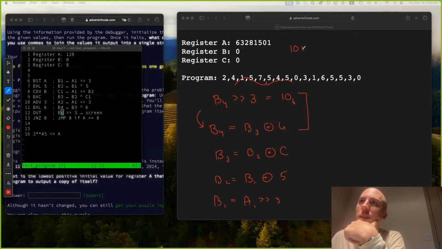Basically, could we say that B4, maybe we could bound B4, is greater than or equal to 1, 0, and less than or equal to 1, 0, 1, 1, 1, when they're all ones.